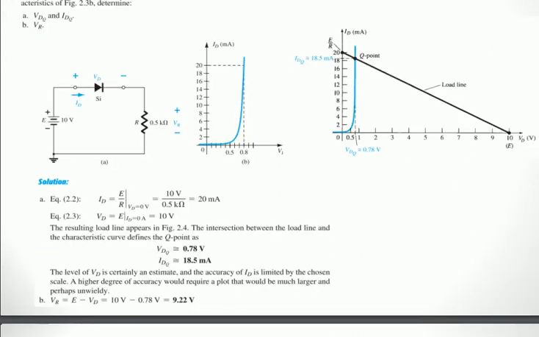Part B is VR. VR is calculated by the equation VR is equal to E minus VD. E is 10 volt and VD is 0.78, so we get the answer of 9.22 volt.